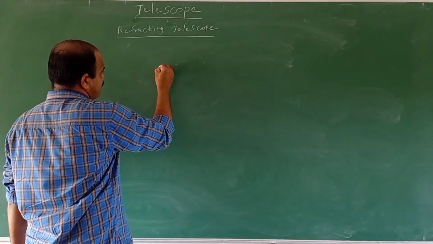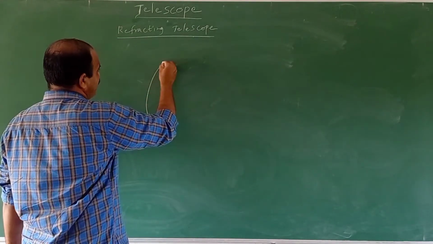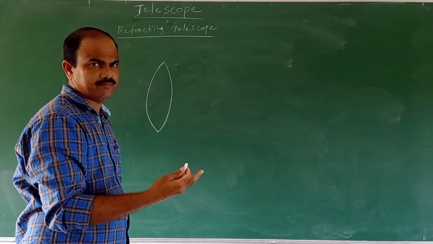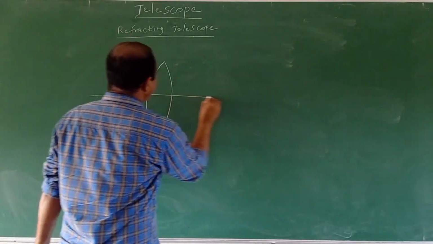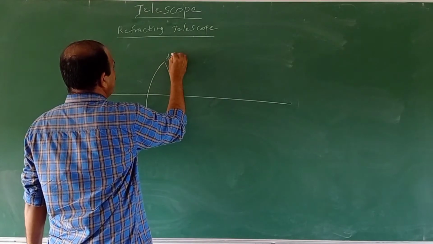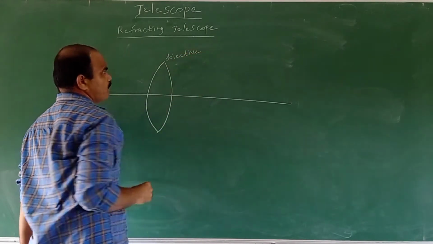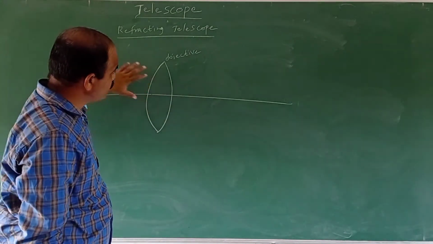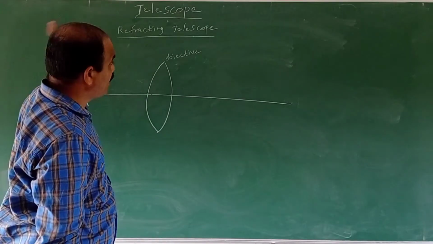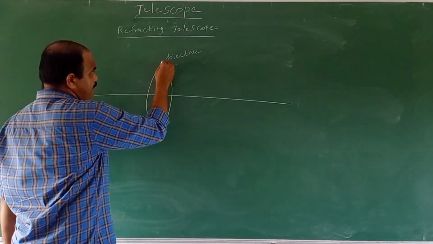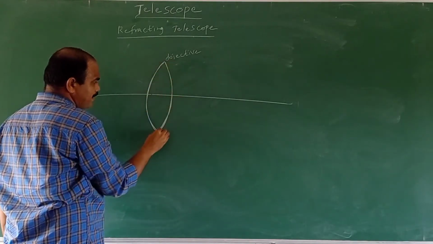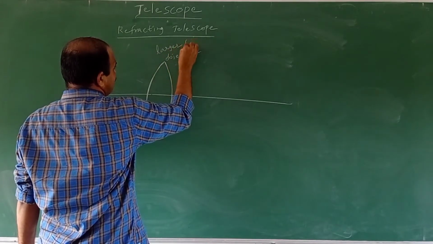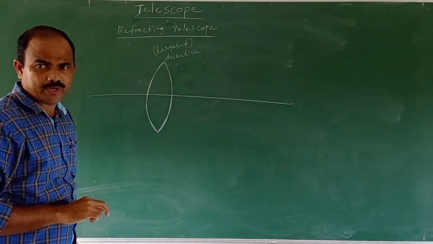The lens which is towards the object, the distant object, is called the objective. The objective is the convex or converging lens towards the distant object, and it has a larger aperture as well as a large focal length.